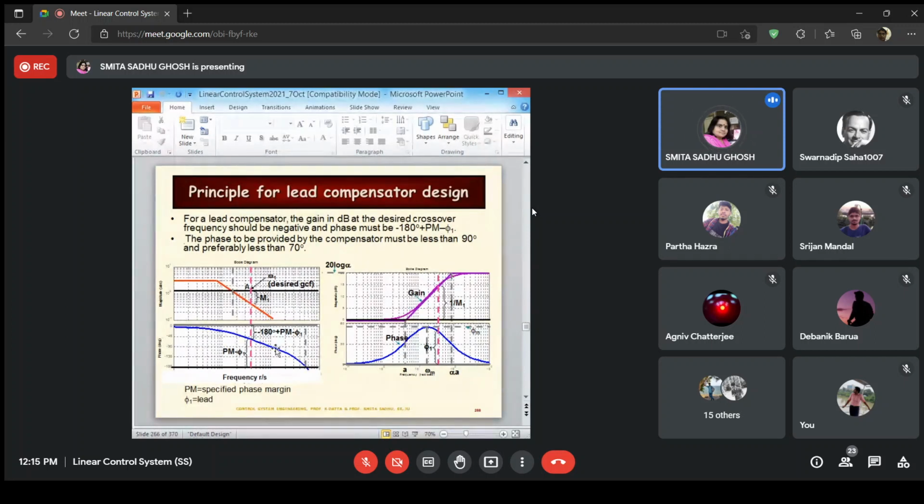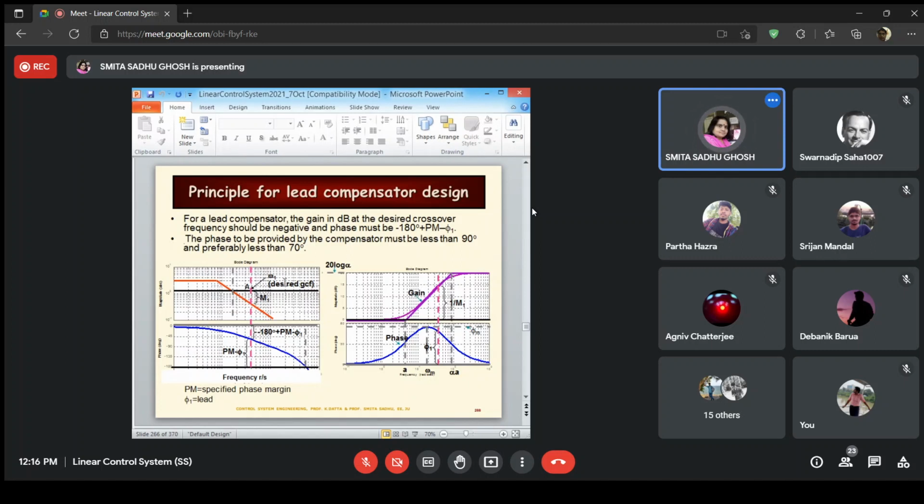Original system means the uncompensated system frequency response is what you see on the left hand side plot, the magnitude and the phase plot of the Bode response, right? Now, where will I place the compensator? That is my question. So first of all, I decide on where I want to place my gain crossover frequency. That is marked as the desired gain crossover frequency.